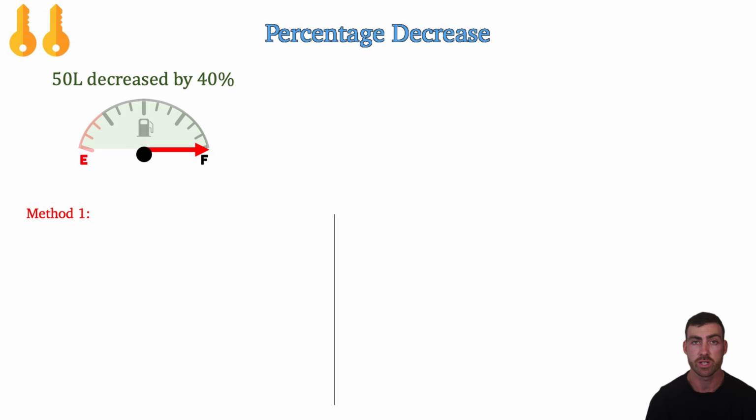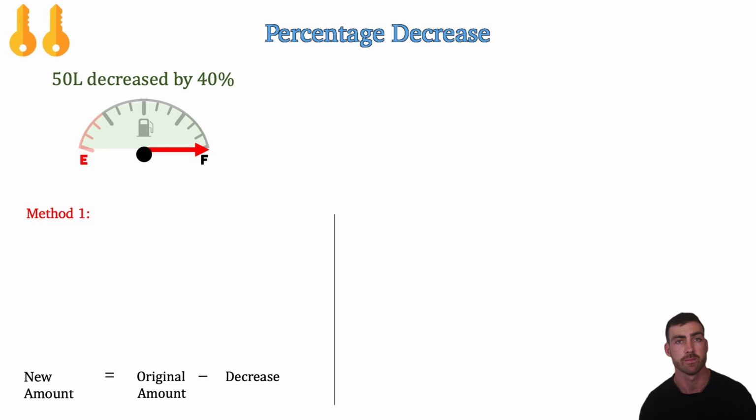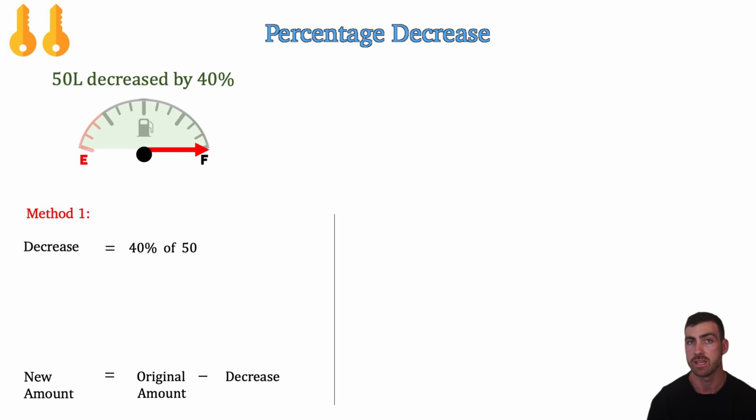We complete these questions the same as before, but instead of adding the percentage of the amount, we subtract. First, let's find how many litres is 40% of 50. This is the amount lost. We rewrite 40% as a fraction, 40 over 100. And the word "of" means multiply.